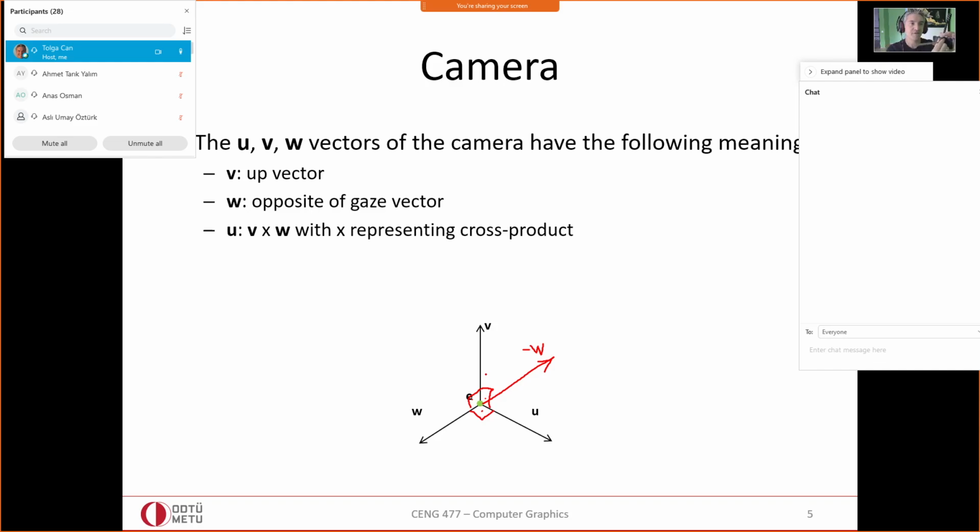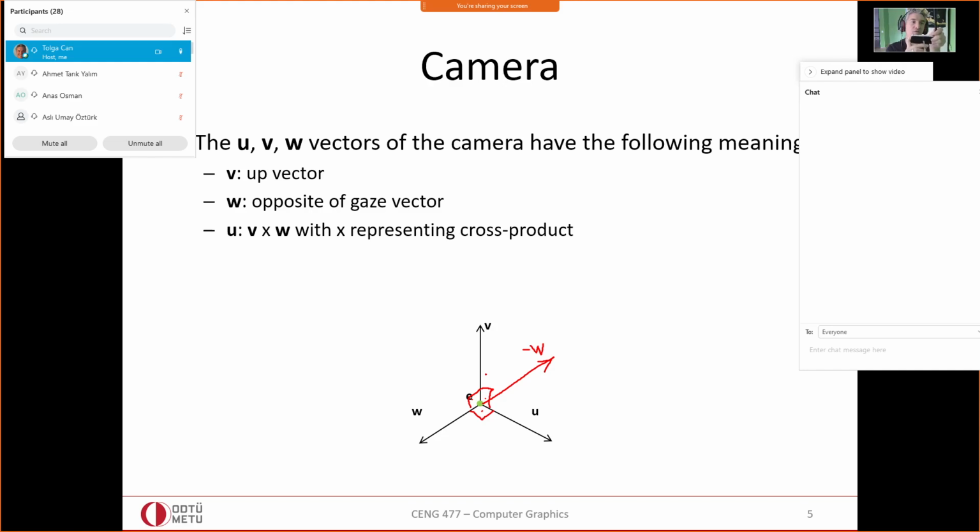If this is the gaze, if this is the camera, the up vector should always be orthogonal to the gaze vector. So when the gaze vector is pointing downwards, as you can see, the up vector moves along with it. Sometimes we give the up vector, I mean, it may be difficult to directly give the up vector relative to the gaze vector.